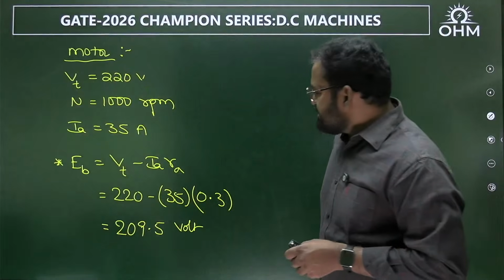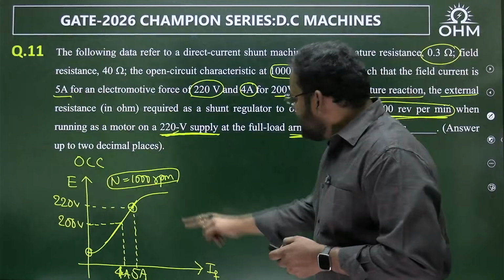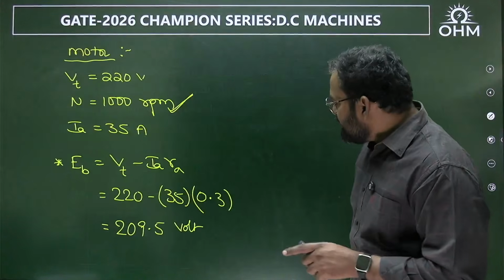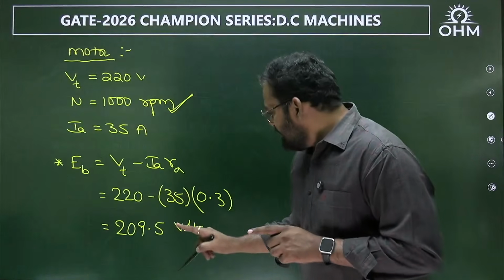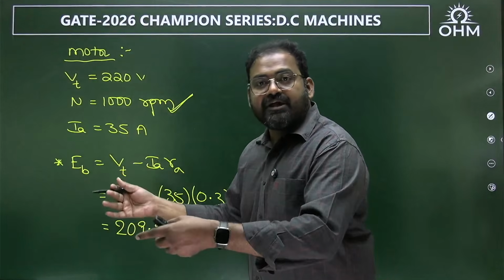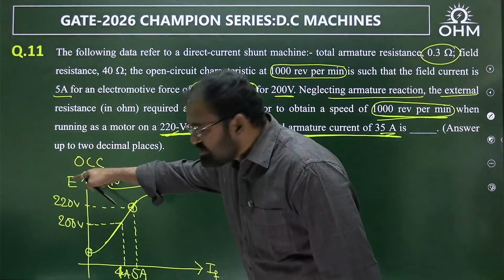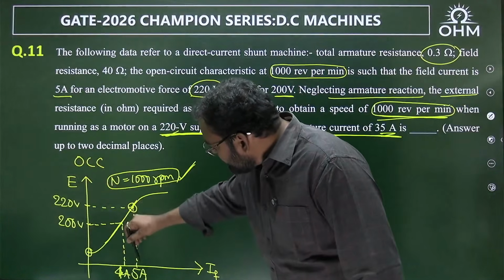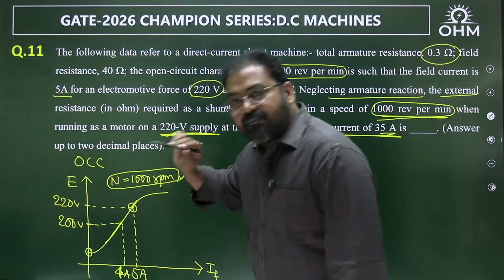Now the point is, this is all when the speed is 1000 rpm. Even the OCC graph is also at a speed of 1000. Now tell me, according to this OCC graph, this 209.5 volt can be obtained at what field current? 220 volt I can get at 5 ampere field current. 200 volt I can get at 4 ampere field current.